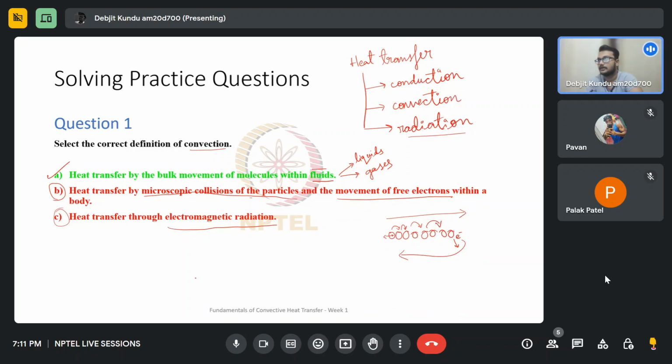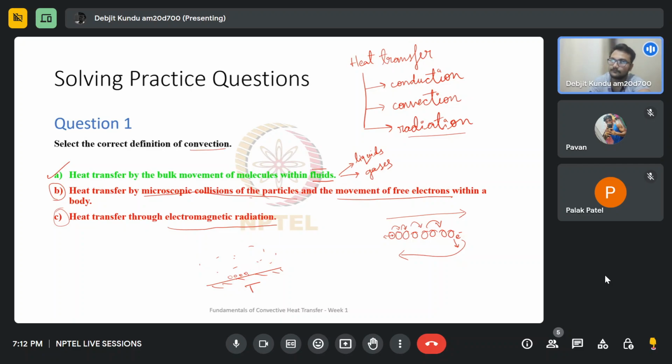Fluids basically means anything that can flow. So what happens is, if we have a solid boundary which is at a different temperature than the fluid surrounding it, the fluid molecules which are near this solid boundary participate in heat transfer through conduction only. So at the interface, it's basically conduction only, nothing fancy about that.